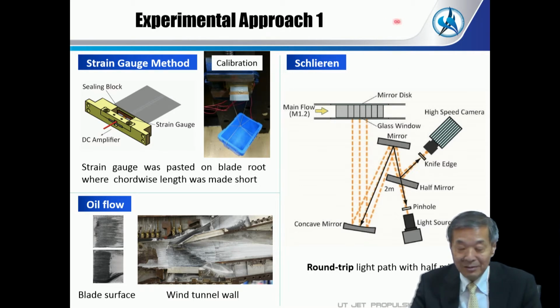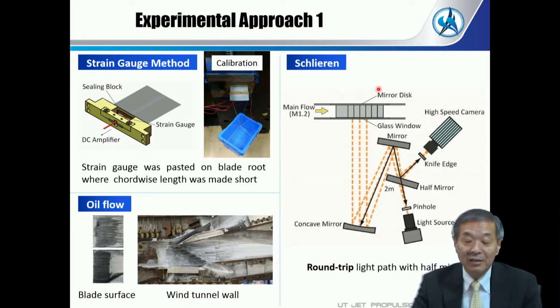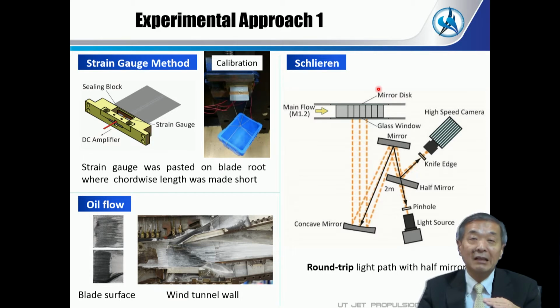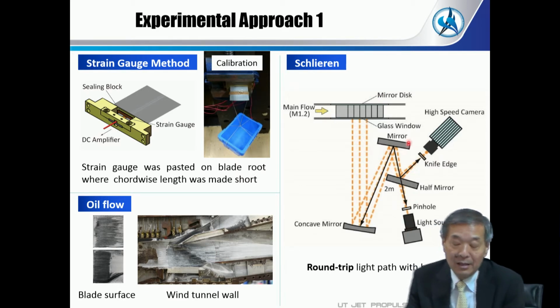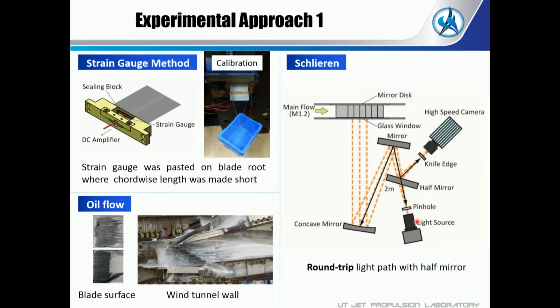And this chart shows the Schlieren technique. It's an optical technique to detect the shock wave and also the wake or boundary layer. The light path is shown here.